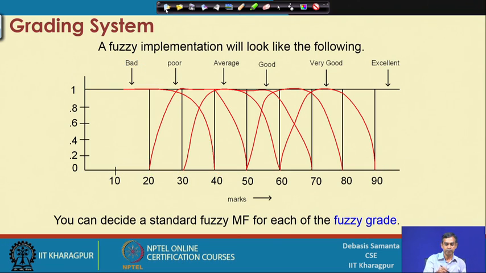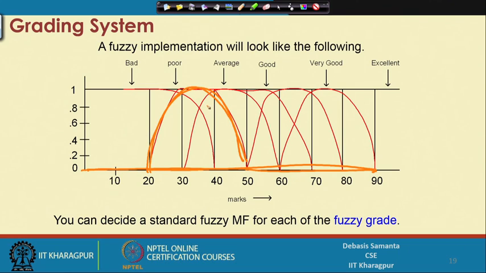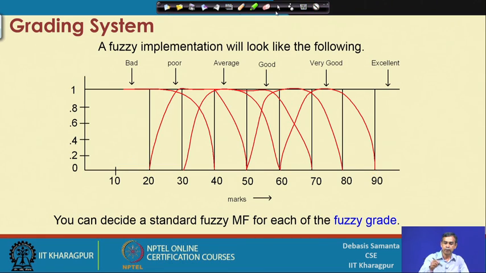Similarly, another membership function like this one can be defined in terms of the universe of discourse and the elements in between. For all other elements it is 0, and in between the membership value will be decided by the type of the curve. So, this is the way we can define the membership function for the different elements.